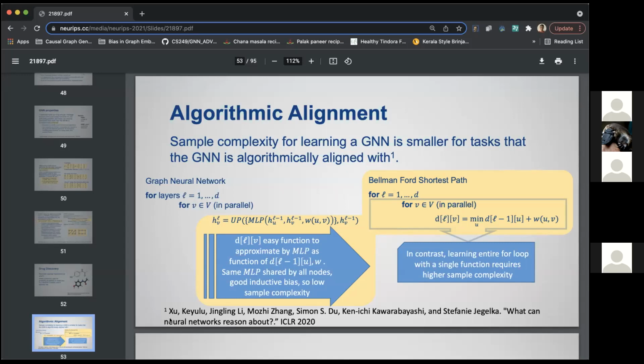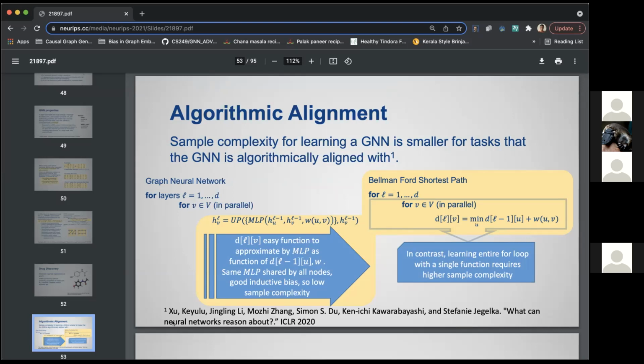If your GNN's aggregation is the min function, then this MLP part can learn DL minus 1U plus WUV, since you can create a linear combination that gives you this value. In that case, the GNN can learn the same algorithm as Bellman-Ford. But if you use different kinds of aggregations or a different MLP, then it's more difficult. For instance, if you're using sum or max aggregation, then it's a lot harder to approximate the same Bellman-Ford dynamic programming function. Is that clear?